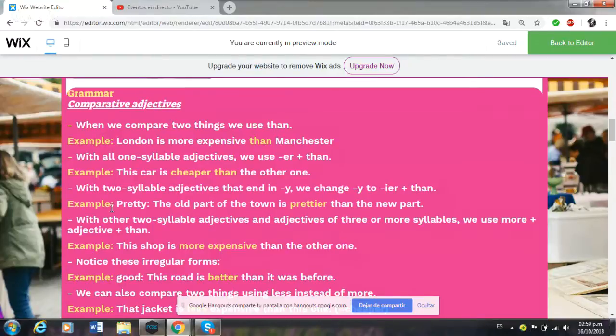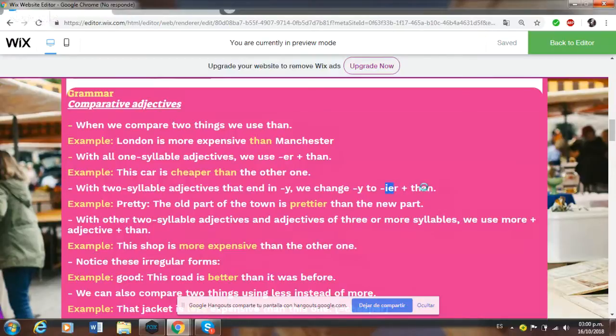Now, with two syllable adjectives that end in y, we change the y to i, e, r, then than. Here we change the consonant y for the vowel i, the vowel e, and the consonant r. For example, pretty is an adjective that has two syllables and ends in y.